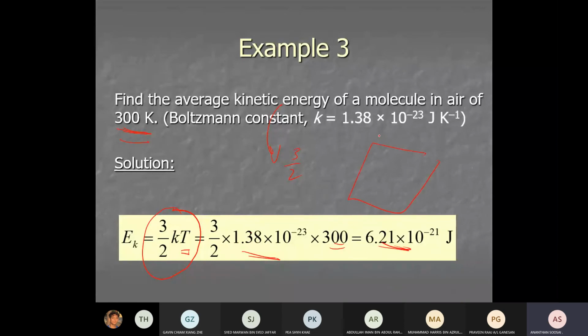So in a container, if you have oxygen, CO2, and nitrogen, all of them exposed to the same temperature means all of them have the same kinetic energy. Their mean square speed, of course, is different. The heavier, more massive one will have a lower mean square speed. But they all definitely possess the same kinetic energy.